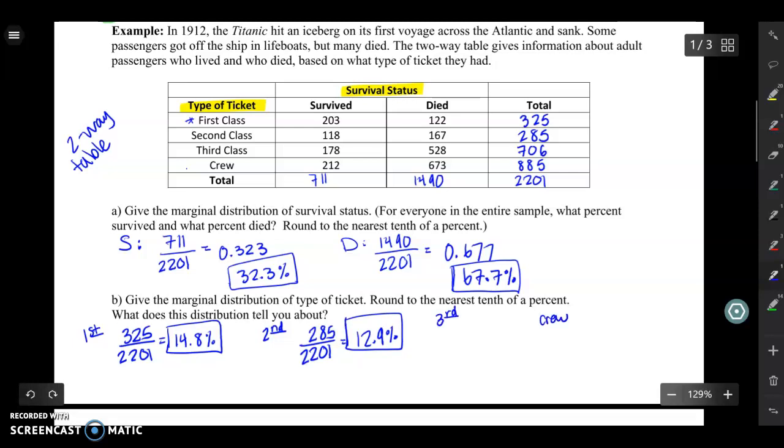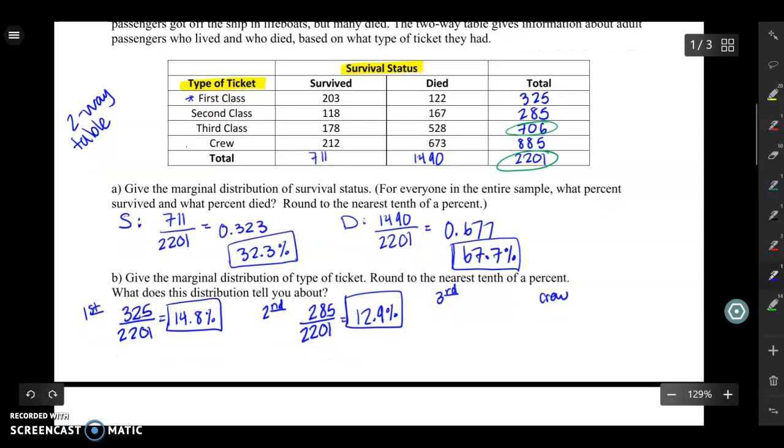We're just going to take the total number of, for example, the third class total, 706 over 2,201, and that's going to be our percentage. I'm going to let you work those out on your own. One thing to know is that we're going to want to give our answers as percents almost always. Percents are usually a really easy and accepted way of talking about marginal distributions.